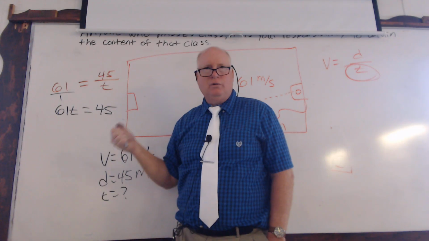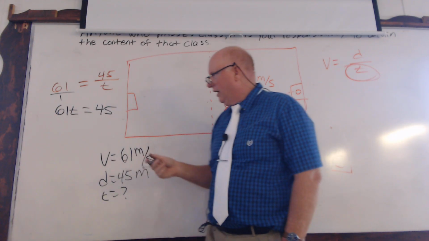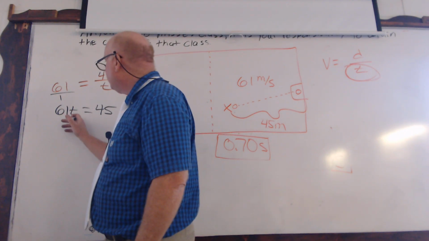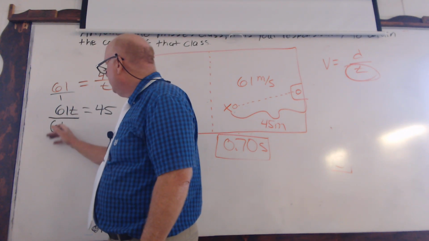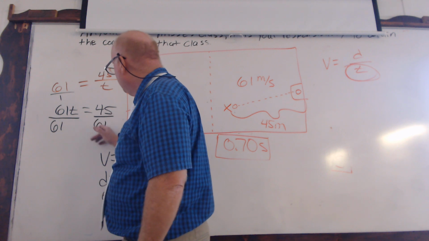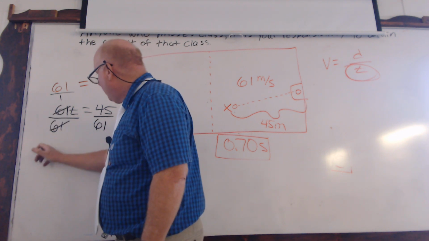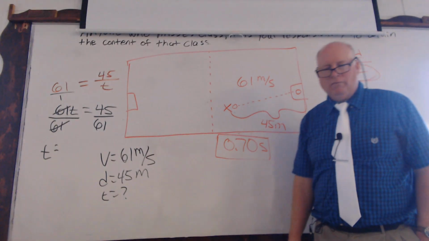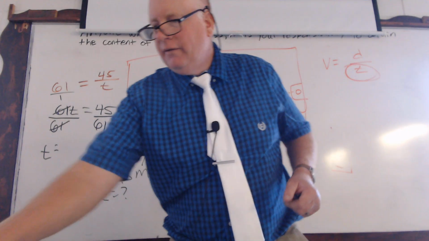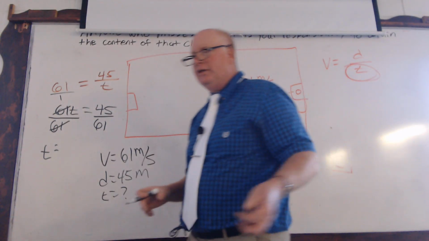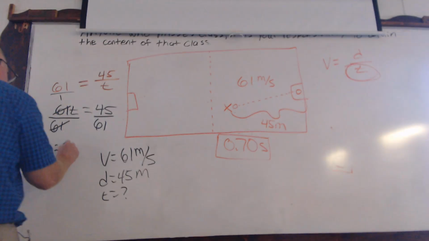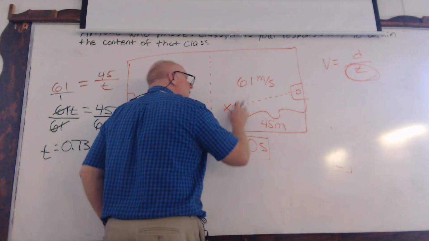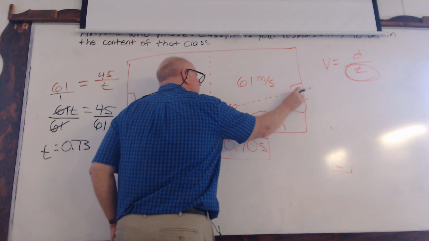How do we undo multiplication? Right. So we got to get this all by itself. So we're going to divide this side by what? 61. Okay. And we got to do the same thing over here. So these have now canceled. Our time then equals 45 divided by 61, which is 0.73. So 0.73 seconds is how long that puck took to get from this spot to here.